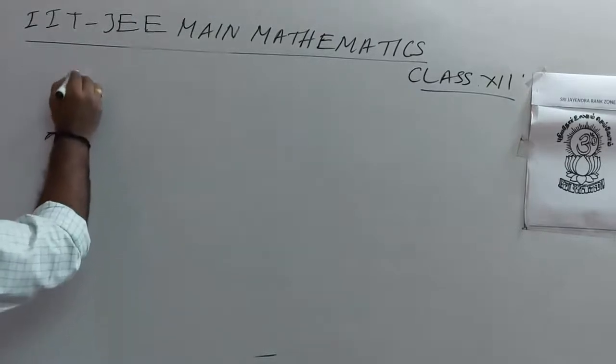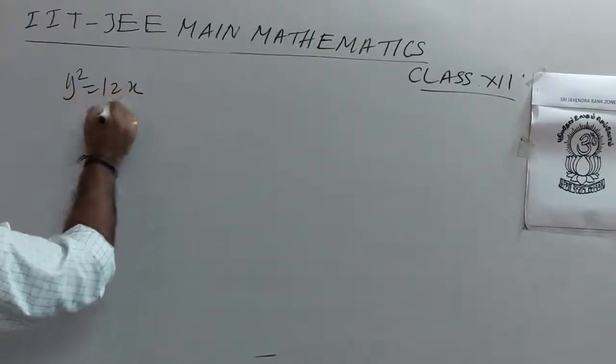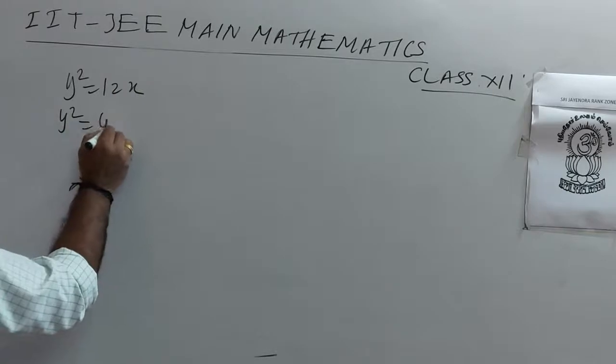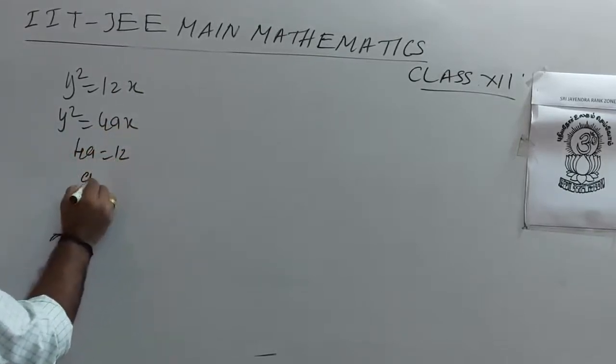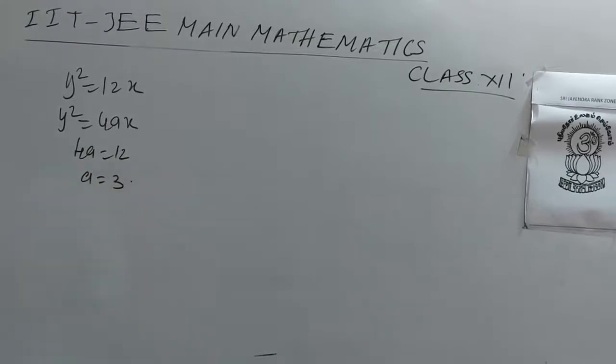So the given parabola is y squared equal to 12x. Comparing with y squared equal to 4ax, we get 4a equal to 12, so that a equal to 3. Even if you don't use this result here.